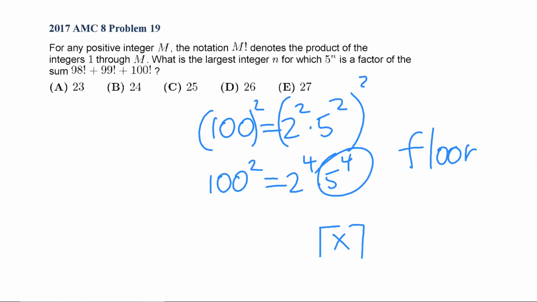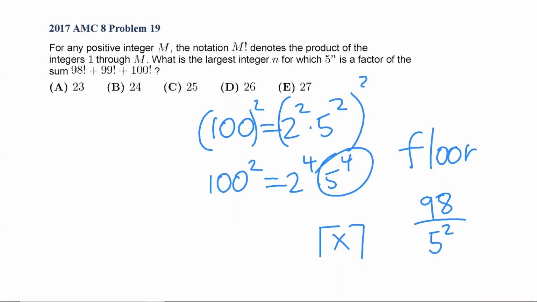It's basically the opposite of floor, so it's the integer right above that number. The reason we need to add the floor function of 98 divided by 5 squared is that 98 divided by 5 squared is not an integer.